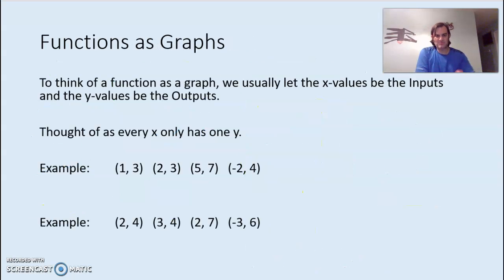So we're going to work our way up to functions as graphs, but to think about the function as a graph, we usually let the x values be the input and the y values be the output. And usually this is thought of as every x only has one y. So here's that exactly one idea again.